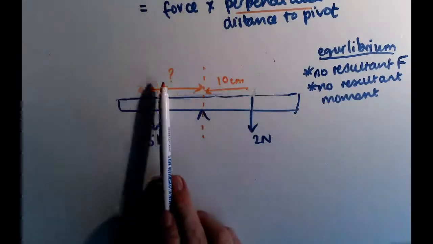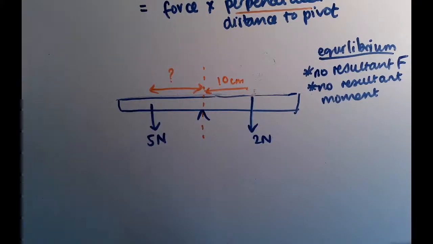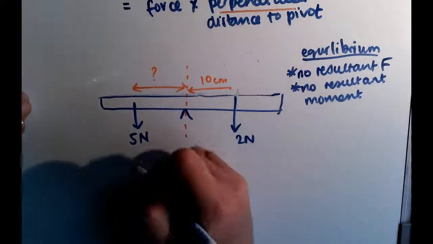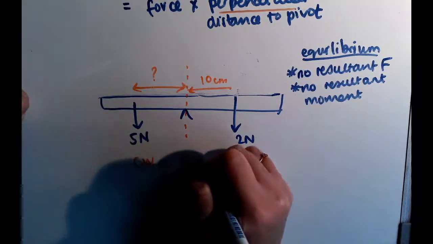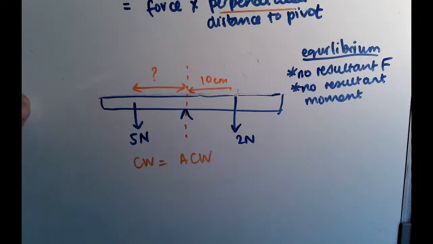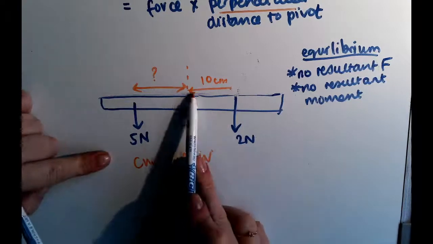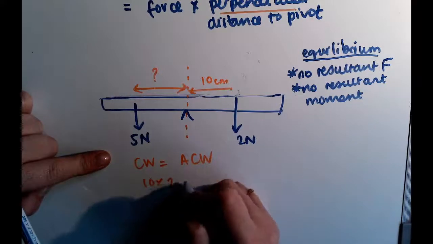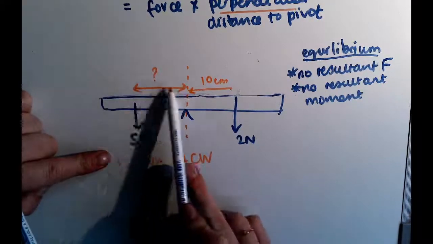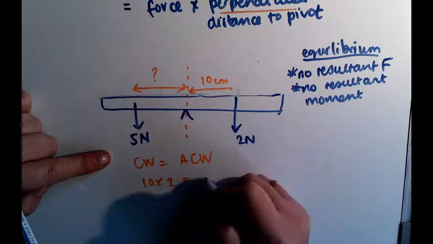Okay, so back to it. We need to work out this distance here for equilibrium. Okay, so if we have no resultant moment, then the clockwise moment has to equal the anti-clockwise moment. Okay, so I've got for clockwise 10 times 2 is equal to 5 times question mark.